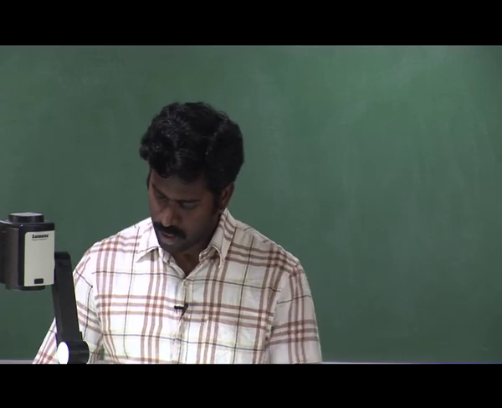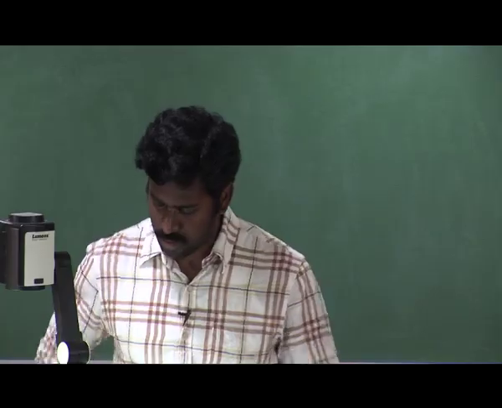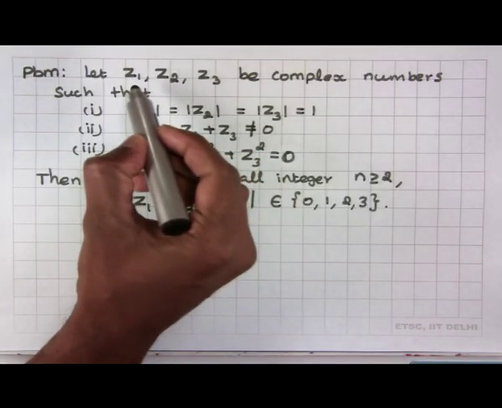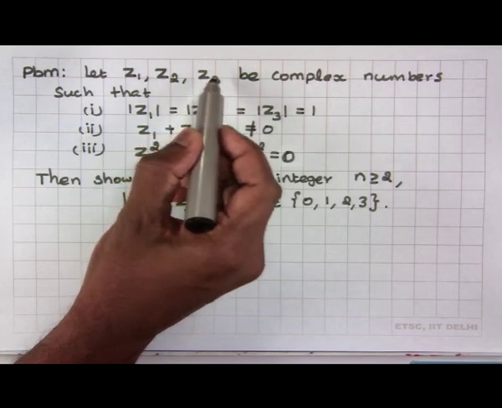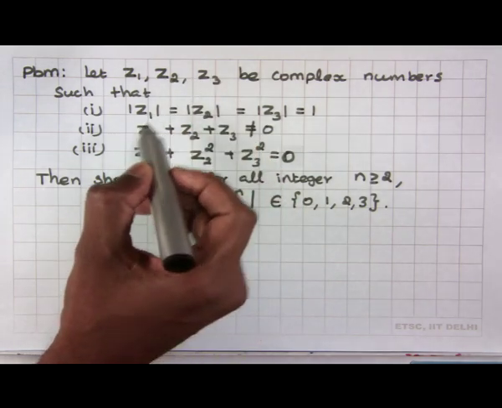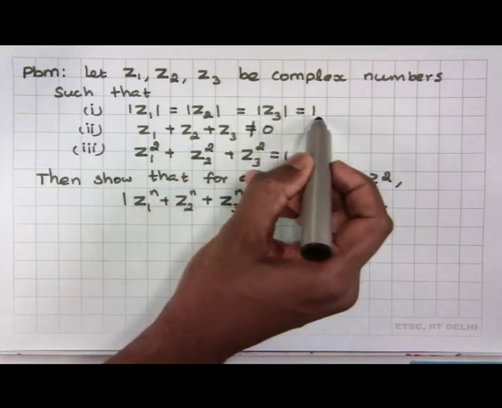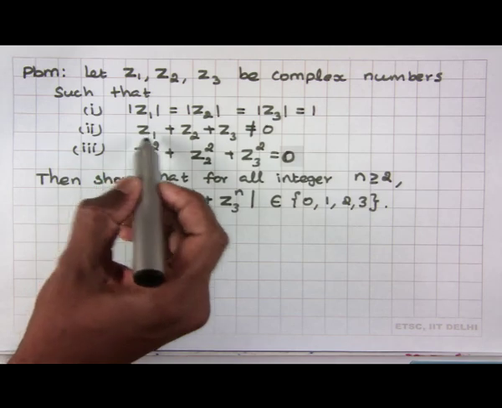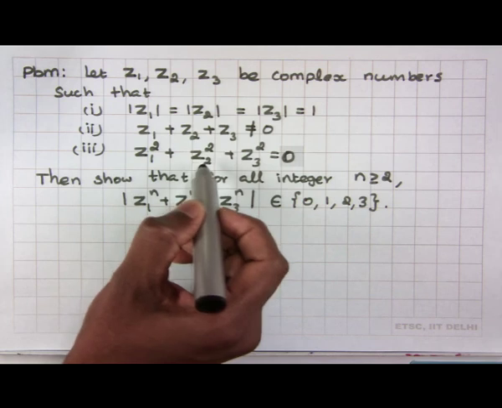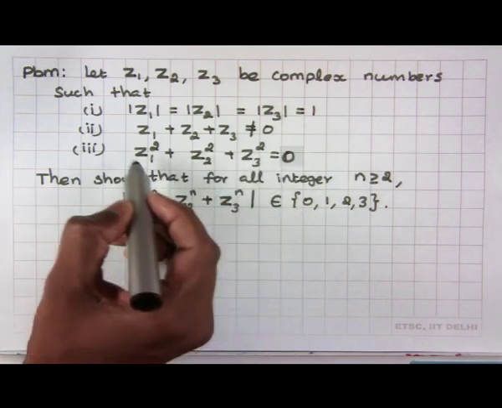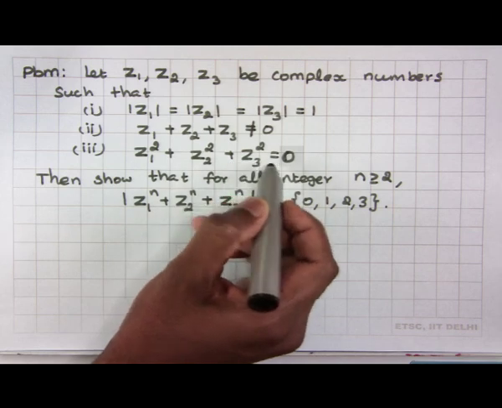Let us do another problem which has a similar assumption. We are given 3 complex numbers Z1, Z2, Z3 whose moduli are equal with the value 1, and their sum is not equal to 0, but their square sum is equal to 0, that is Z1 square plus Z2 square plus Z3 square equals 0.